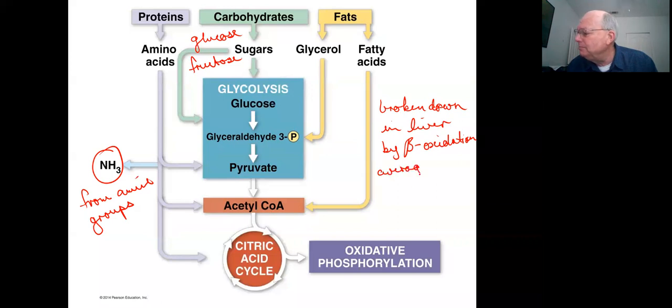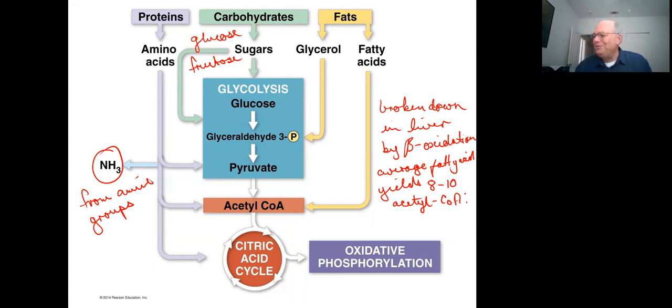So an average fat or fatty acid can yield up to 8 to 10 acetyl-CoAs, and remember glucose only yields 2 acetyl-CoAs.